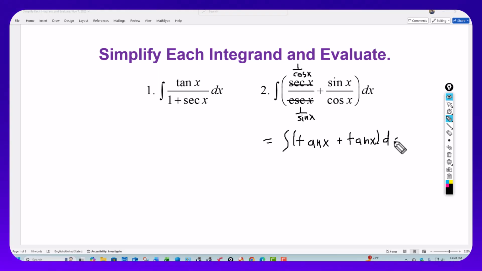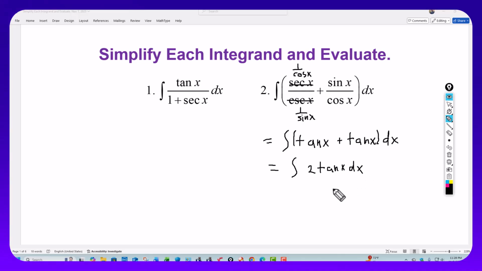You've got the dx. So just using some basic identities, simplifying here. Tangent of x plus tangent of x, that's 2 times tangent of x. So there is an integral for the tangent of x, the integral of tangent of x dx.